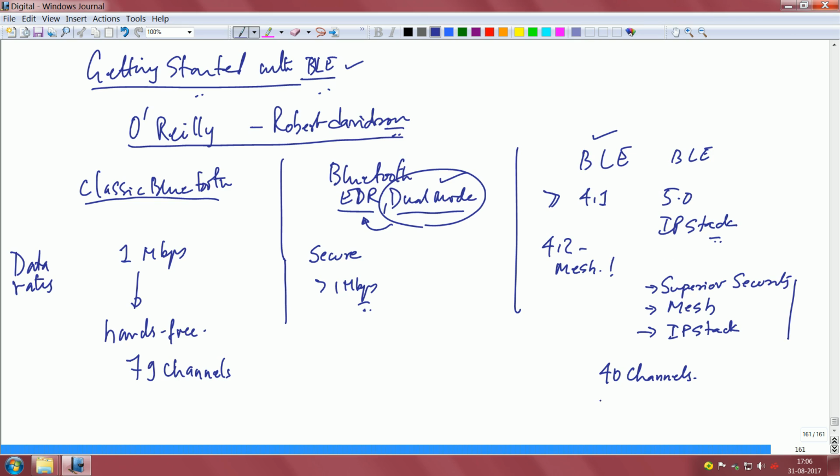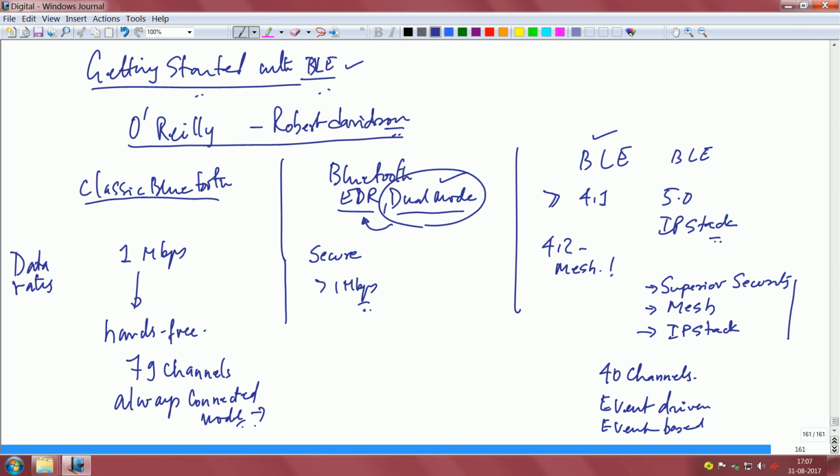BLE, very importantly in terms of paradigm, is event driven, you can say it is event based, whereas the classic Bluetooth was like an always connected mode, which indicates that power was really not the key point there.